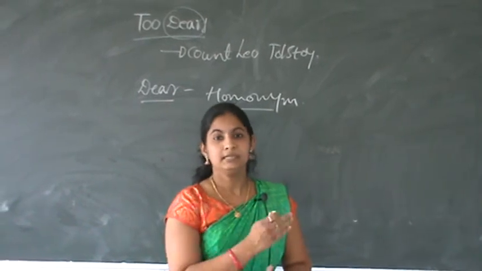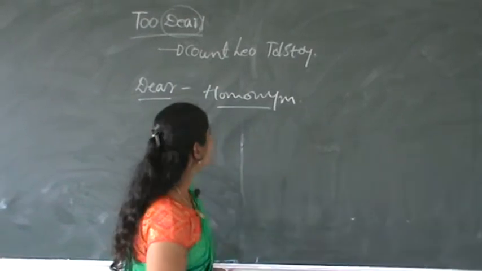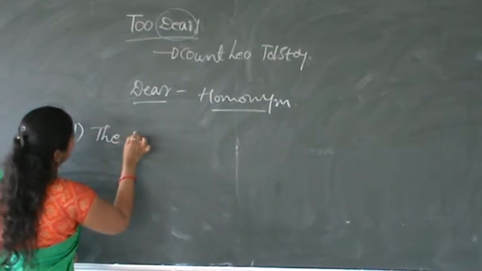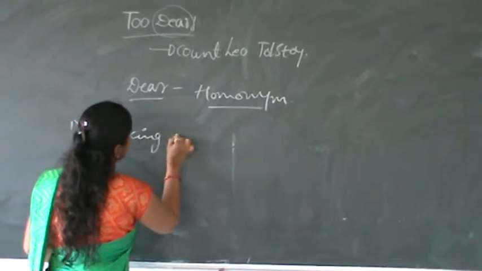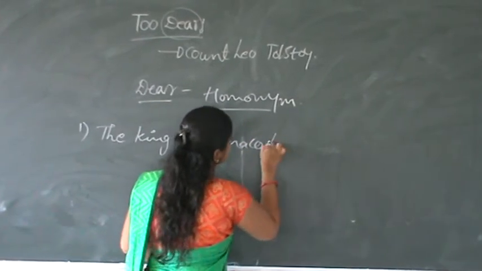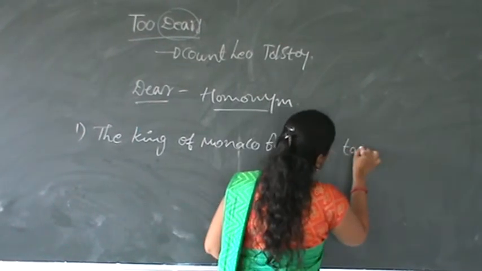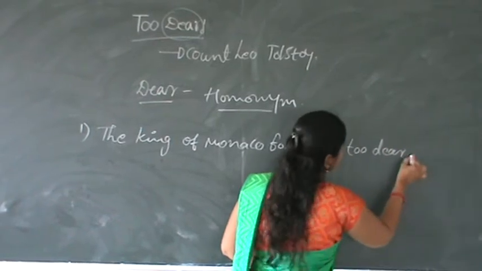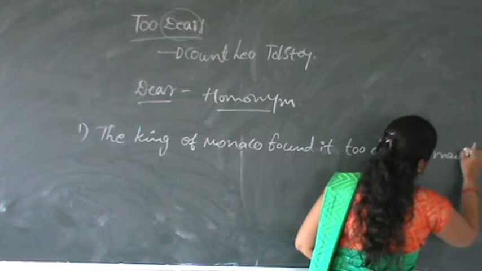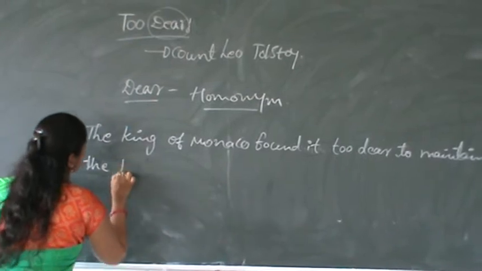Let me explain this homonym grammatical aspect with fine examples. The first example for homonym: the king of Monaco found it too dear to maintain the prisoner.